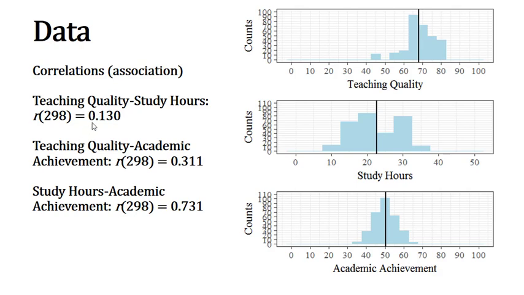Remember, 0 means no association, 1 perfect association, a positive association. So teaching quality and academic achievement, the relationship is a bit stronger, 0.311. And study hours and academic achievement, a much stronger association, 0.731.